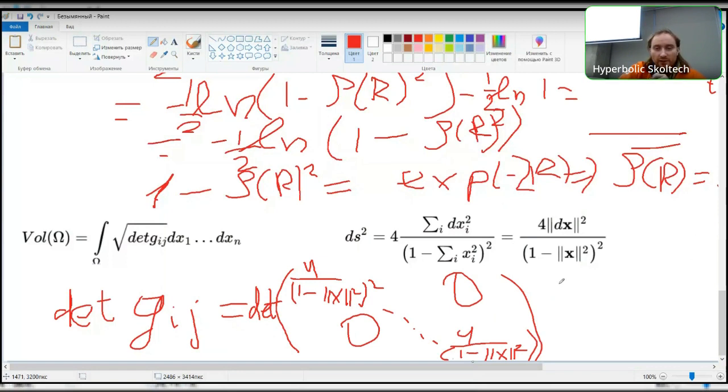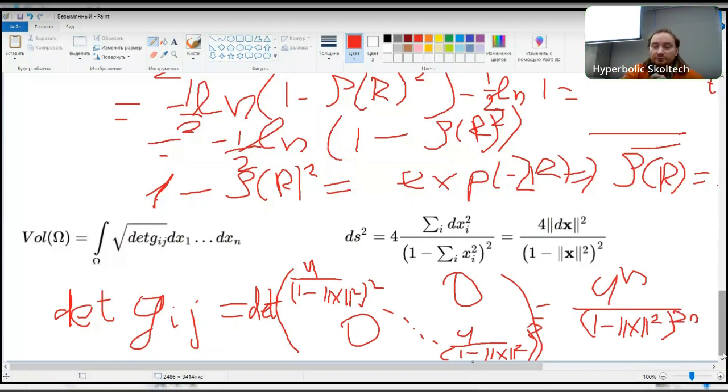So this is 4 power n divided by, oh, I forgot square here, 1 minus square of norm of x, and all powered by 2n.